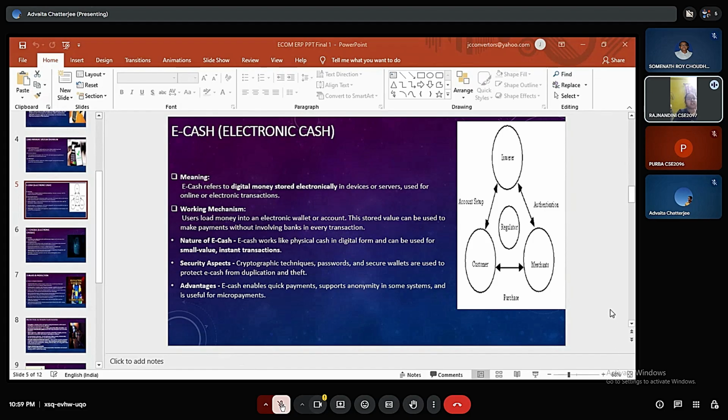The nature of e-cash is that it works like physical cash in digital form and can be used for small value instant transactions. For security, cryptographic techniques, passwords, and secure wallets are used to protect e-cash from duplication or theft. Advantages of e-cash are that it enables quick payment, supports anonymity in some systems, and is useful for micropayments.